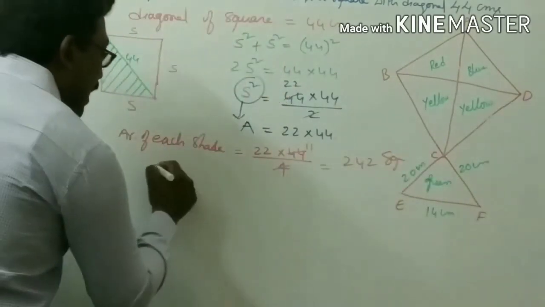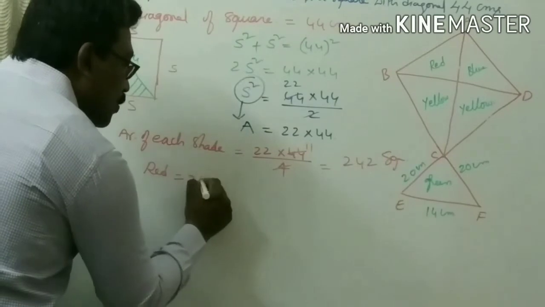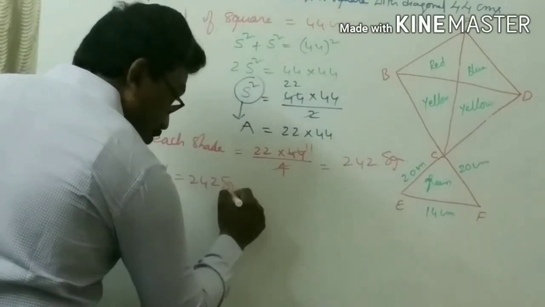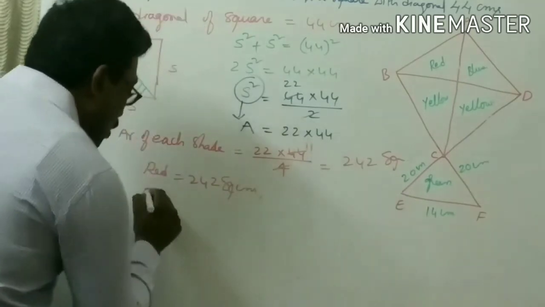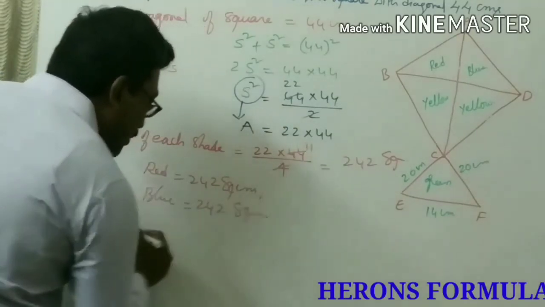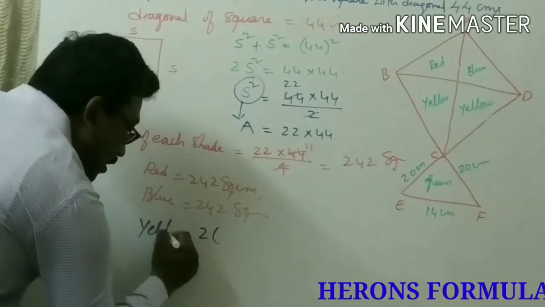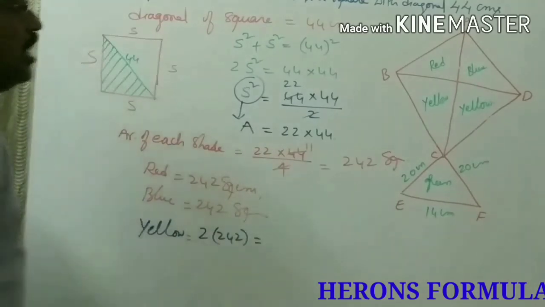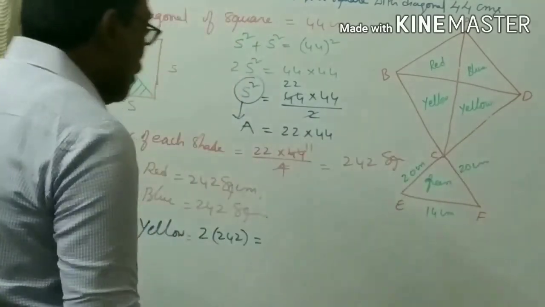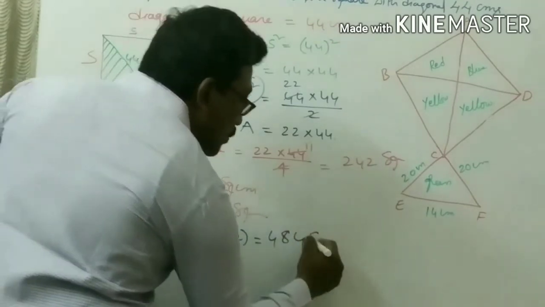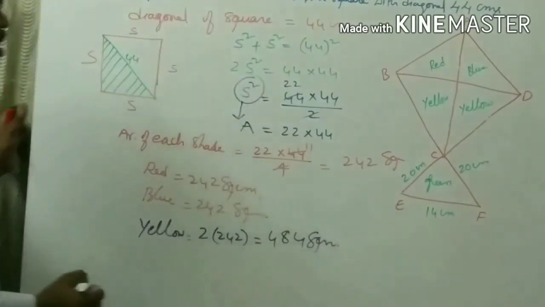That means red area is 242, blue area 242 square centimeters. Next, 2 into 242, because yellow is given here 2 times. So 2 2s are 4, 8, 4, 484 square centimeters.